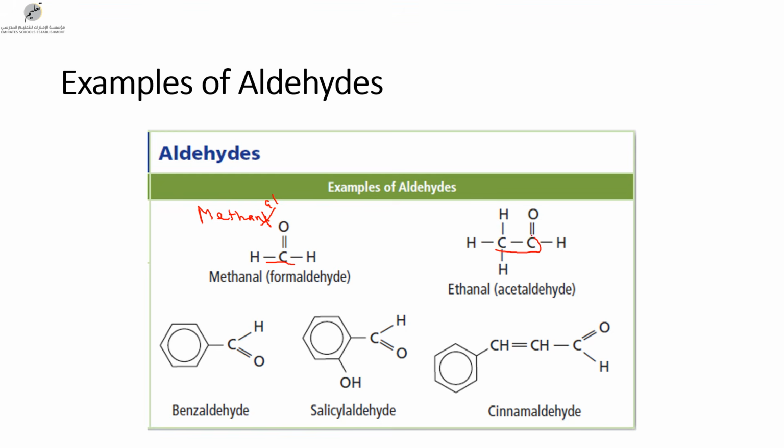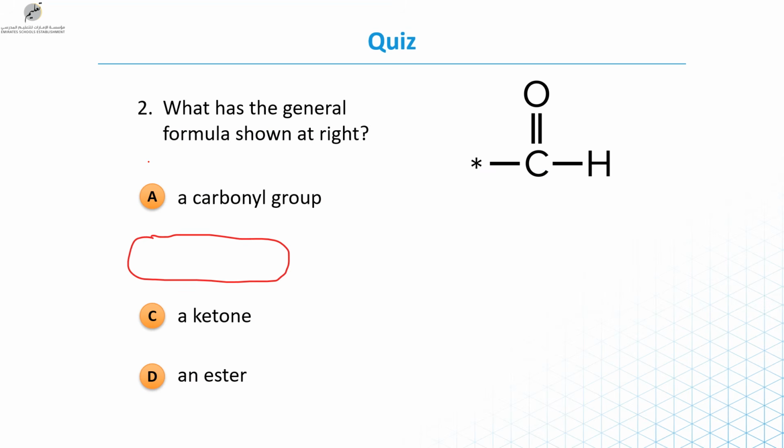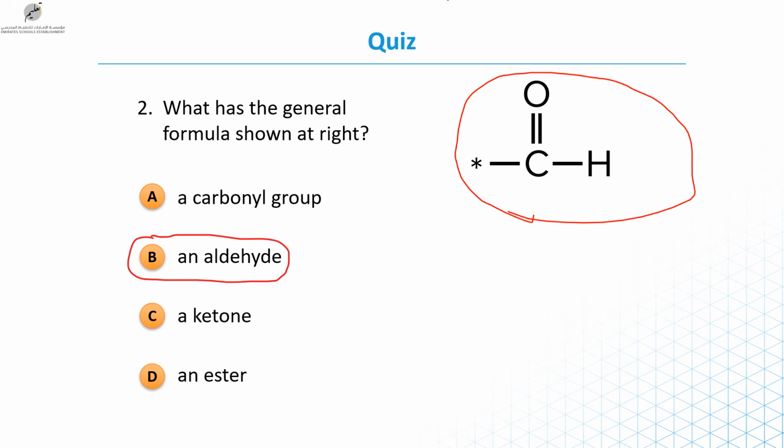This one has 2 carbons. So it's ethane, remove the E and put Al. This has benzene, right? So instead of saying benzene, we'll say benzaldehyde. You need to remember this, okay? So these are some of the examples that you have in your book. So this is the general formula of an aldehyde.